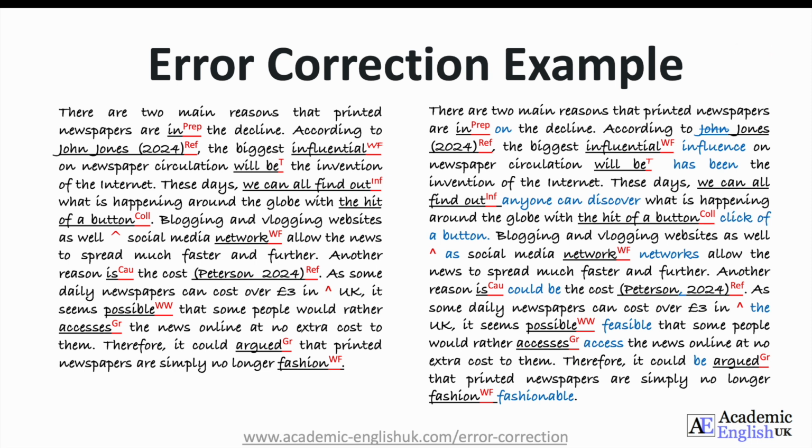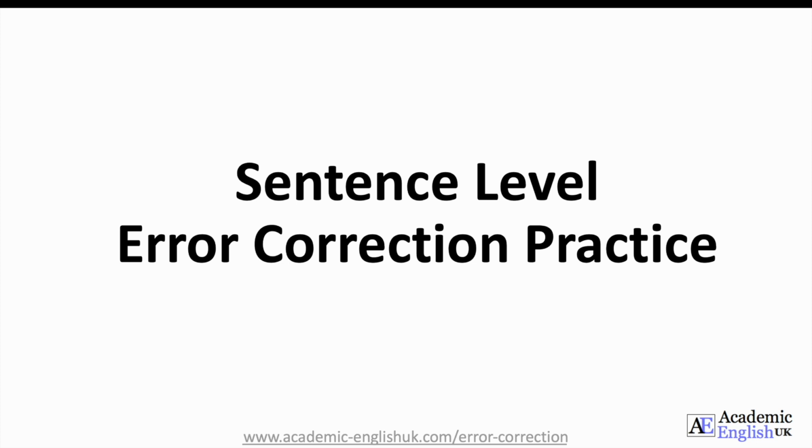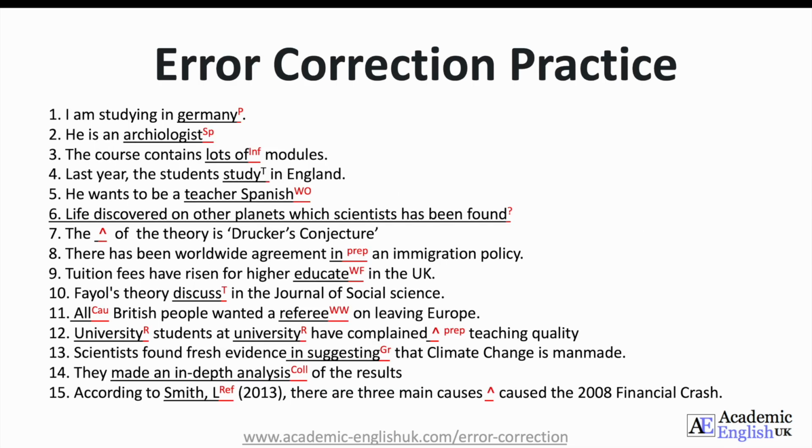Okay, so the best way to understand this method is through some sentence level practice. You will need the downloaded document for this. So look carefully at the error correction code and complete this introduction to the error correction code exercise.